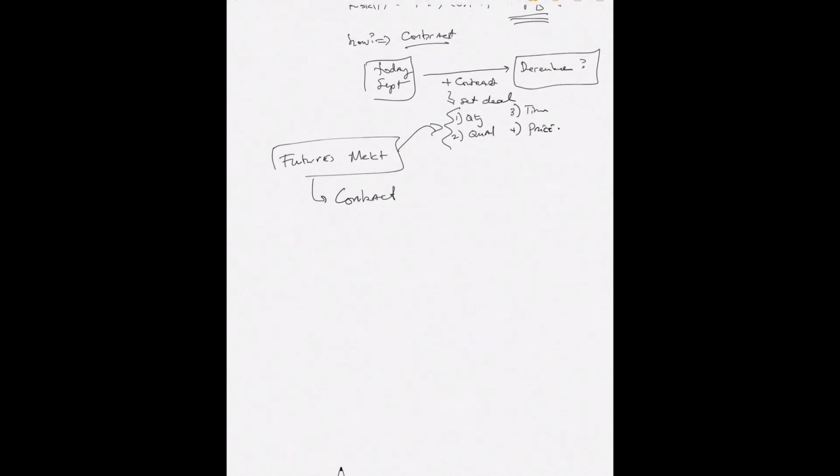Not only that, it became a specific contract. At first, the word forward contract was used. Forward, of course, meaning that it's not a contract of today, because that would just be a deal today. It's a contract in the future, and so it's called a futures contract.